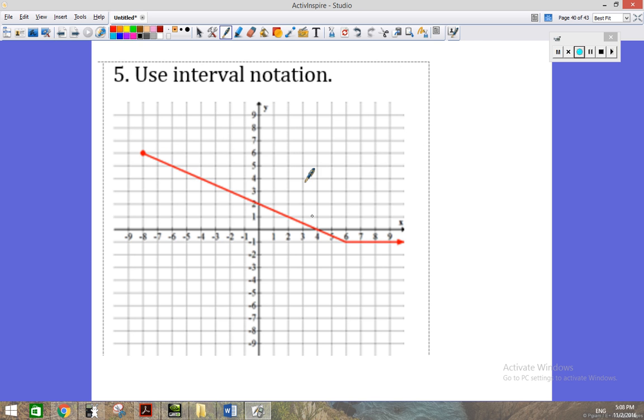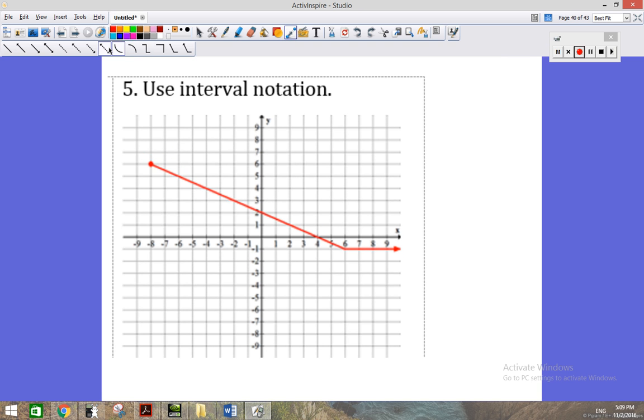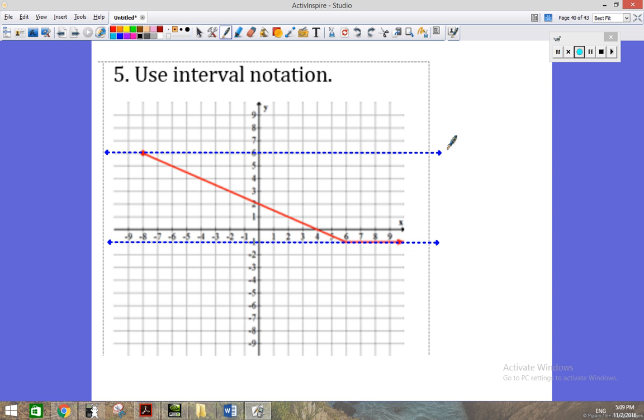Now the range is up and down. Well, this time I know that there's no point on my graph that's below this dashed line. I know there's no point above this dashed line. Well, all the y coordinates on this horizontal line are 6. All of the points on this horizontal line are -1. So I know that I have points on the graph that have a y coordinate of -1, and no point on the graph is below -1.